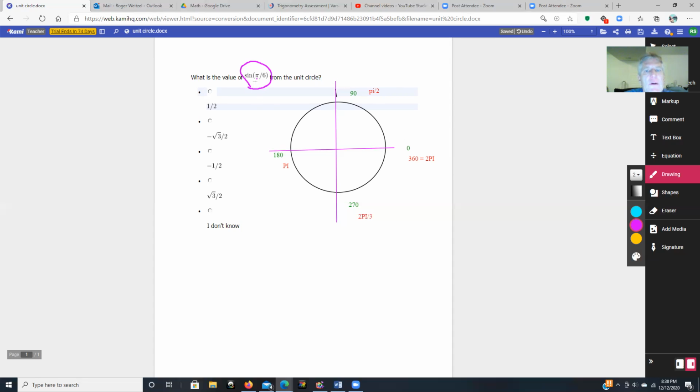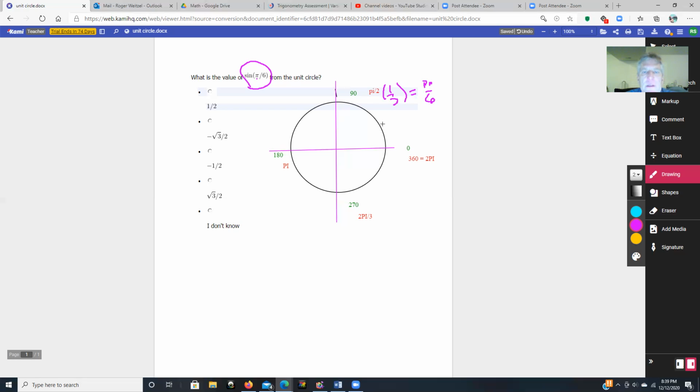So if we have pi over 6, what would we have to do to get pi over 6? Well, if I was to multiply this by 1 over 3, I would get pi over 6.